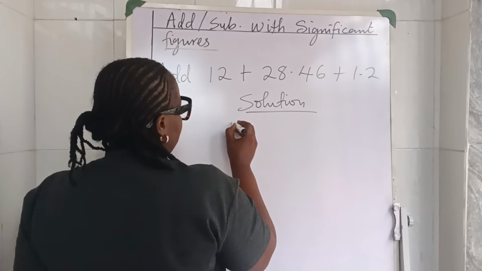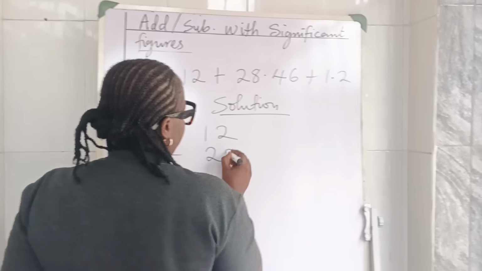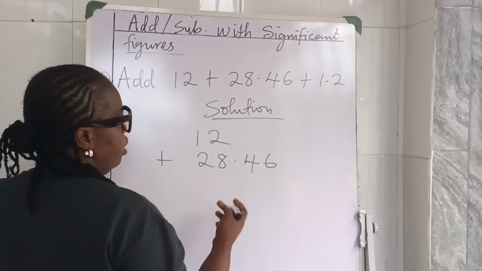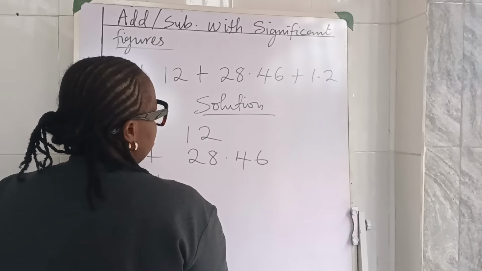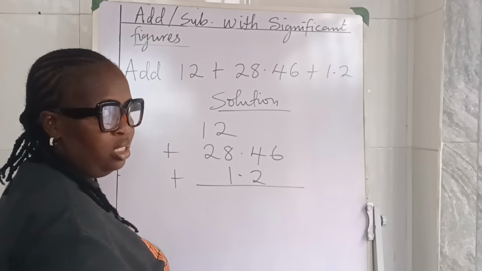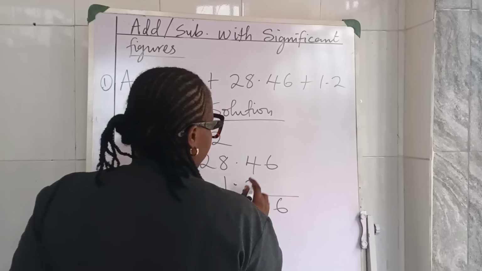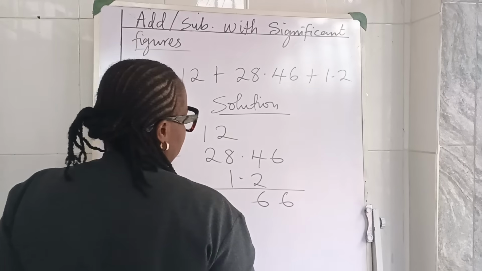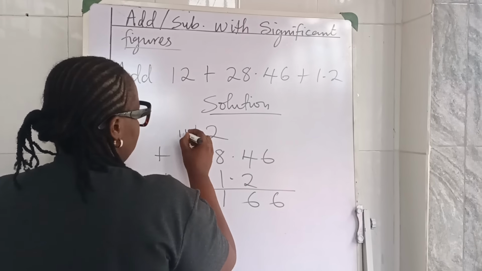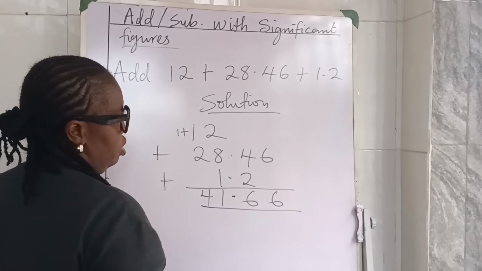So now let's write, this is 12 plus 28.46. Remember, the empty places can be replaced with zeros, and we'll have plus 1.2. That is how we should place it before adding. Now you bring down your 6 here. 4 plus 2 is also 6. Then we'll have 10, 11, 1 carry 1, and then plus 1 here to give us 41.66.